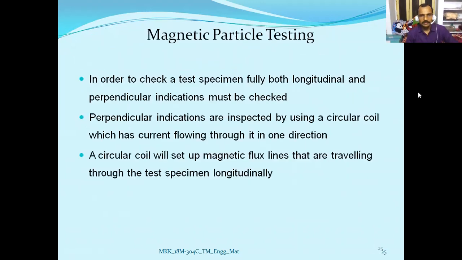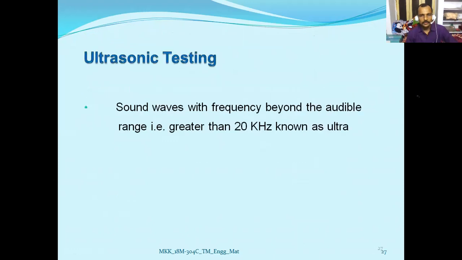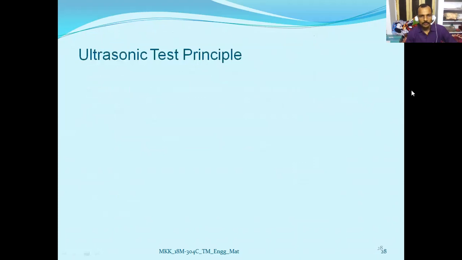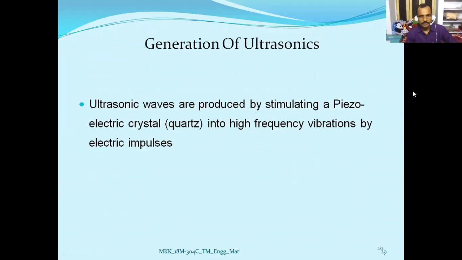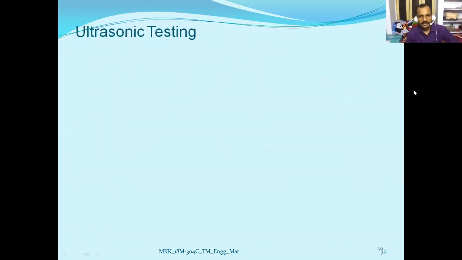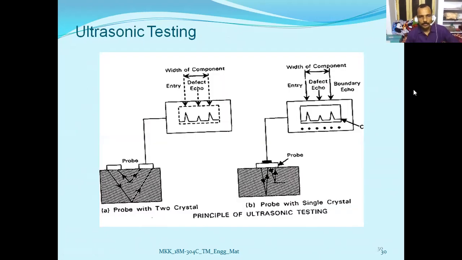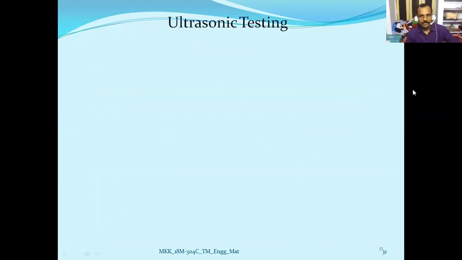Next, we have discussed ultrasonic testing, where ultrasonic waves are passed onto the workpieces or specimens. First, how to generate the ultrasonic waves was studied using a piezoelectric crystal, and later how to conduct it with single probe and double probe we have studied.